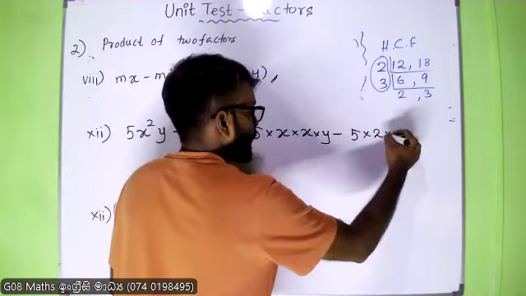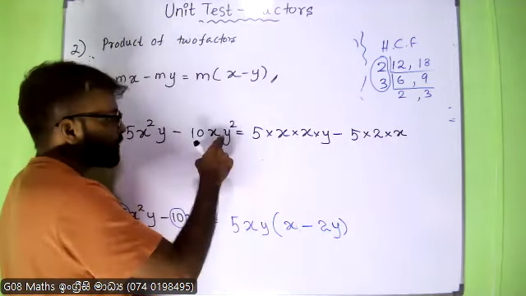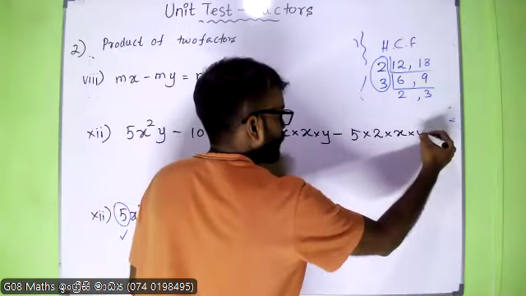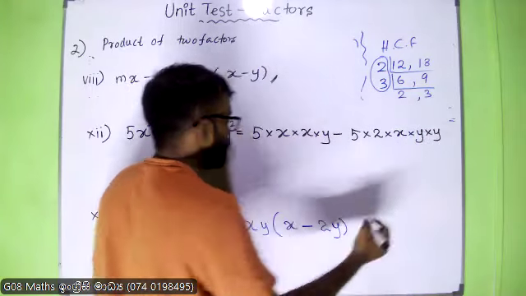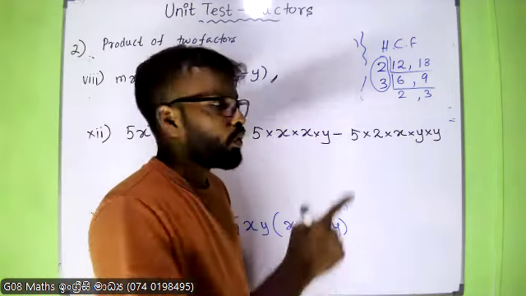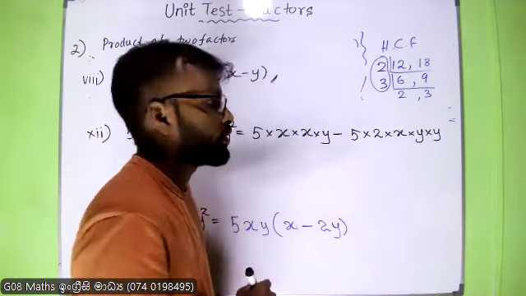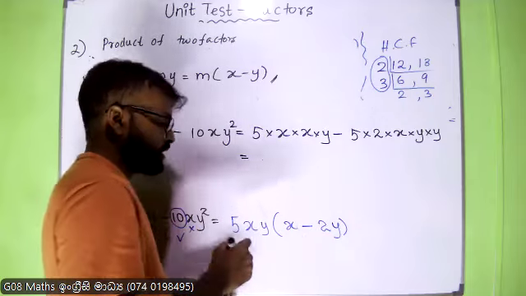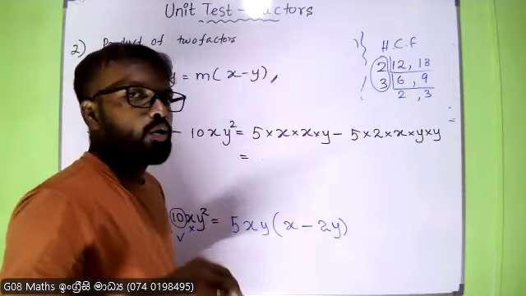Multiplied by x, multiplied by y multiplied by y, because they are y square. 2 y's multiplied together.